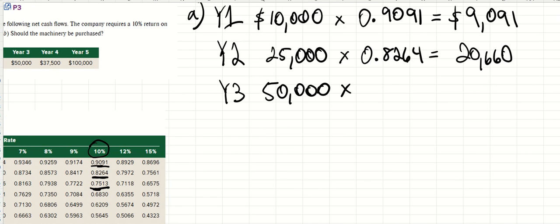So we're going to apply the 0.7513 to 50,000. And that's going to be $37,565. Okay, big difference here. So as you can see, as the years go on, the factors are going to be lower.